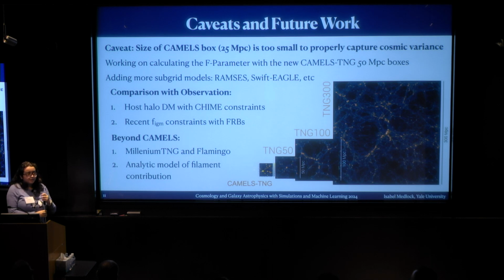But in the next few years, with things like DSA and CHIME Outriggers, we're going to have tens of thousands of well-localized FRBs, so it's key to use simulation sets like CAMELS to really prepare for that upcoming data, which will allow us to make constraints on how feedback affects the CGM and potentially the S8 tension.